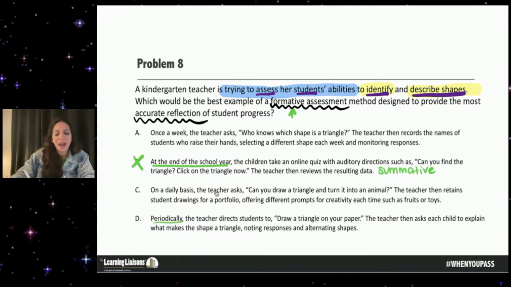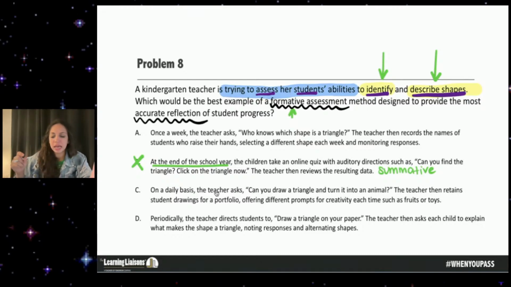So we don't want to get hung up on that, because on a daily basis sounds better for formative than periodically, right? So now that we've gotten rid of the summative assessment, we need to figure out which of these is the most accurate reflection of student progress to identify and describe.